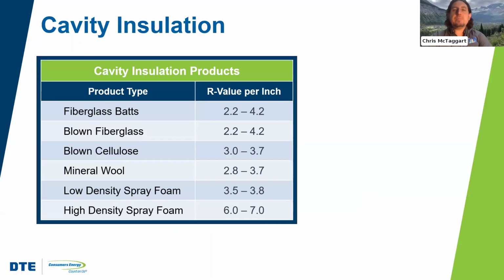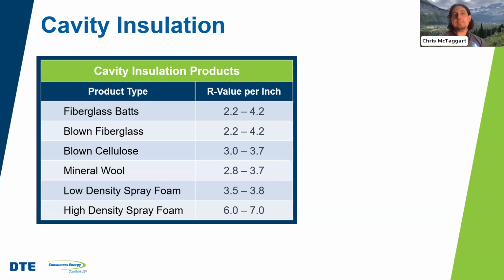So different insulation products, really ranges here. The main conventional ones that we see are fiberglass bats, obviously the most popular product. They have good economies of scale. They tend to be a little bit more tricky to get installed perfectly. Blown fiberglass is an alternative that could be used, and successfully in above grade walls as well, through a system called the BIB system, or a blown fiberglass wall system.